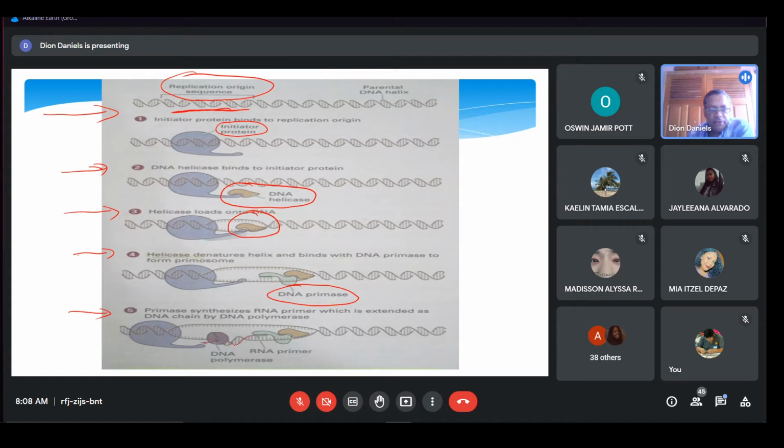So here you have the RNA primer. So this right here is the RNA primer. And it is from this point whereby polymerization will proceed in this particular direction. And of course, that polymerization is catalyzed by DNA polymerase. All right, so this is a process that takes place in both directions, all right, until the entire DNA molecule is replicated, okay?